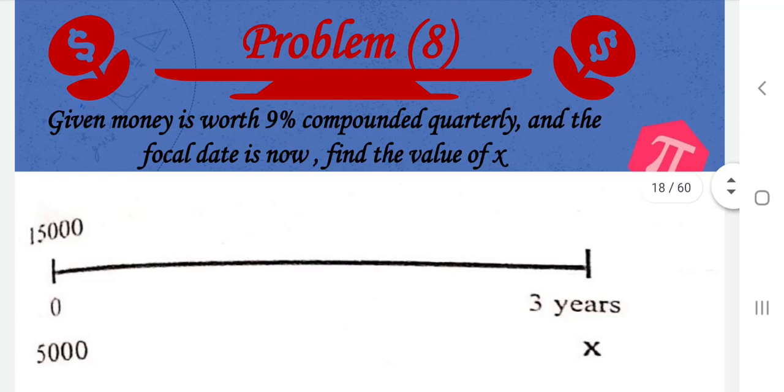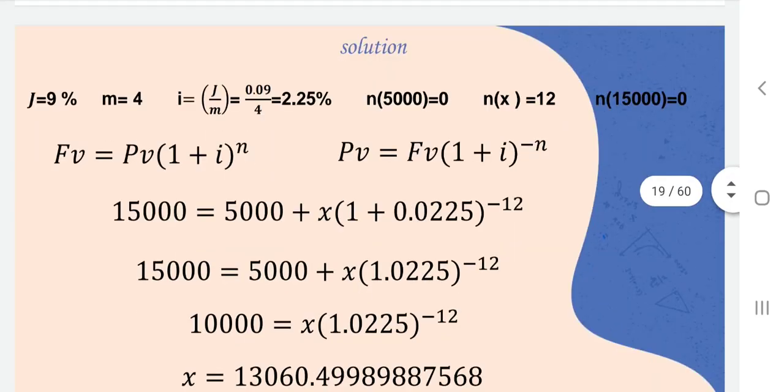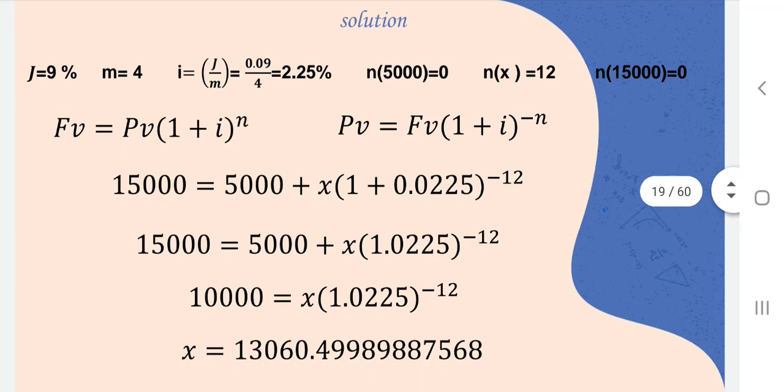To solve this problem, we must get I. I equal J over M, J 9%, M equal 4, so I equal 9% over 4. Solution, X will be equal 13,060.